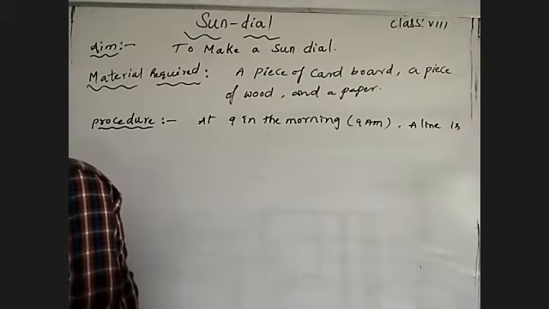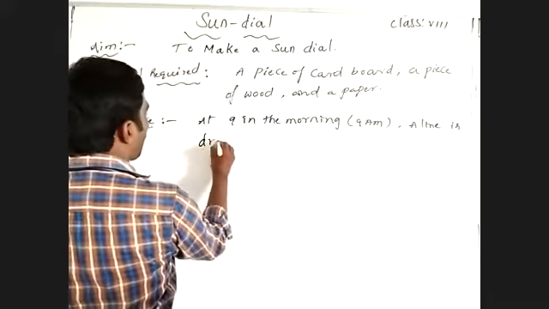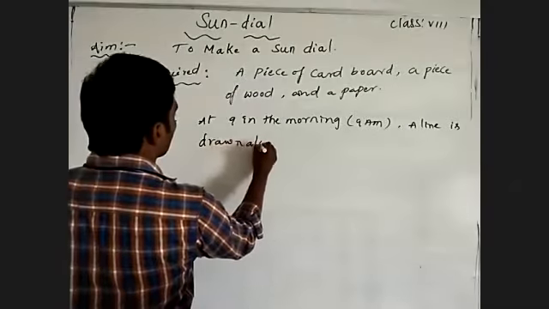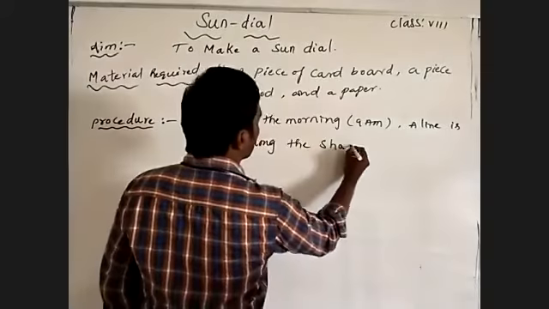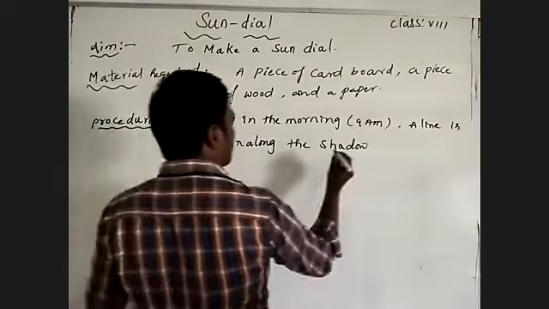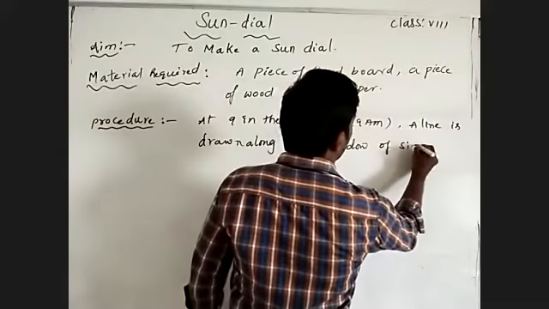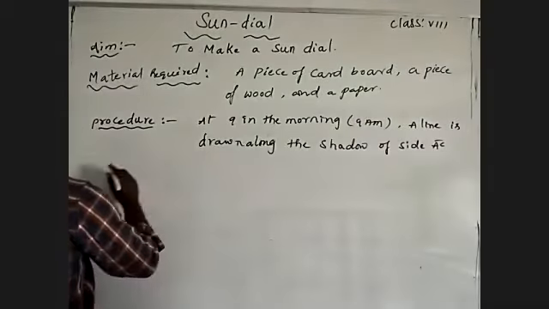see, a line is drawn along the shadow of side AC on the wooden board.